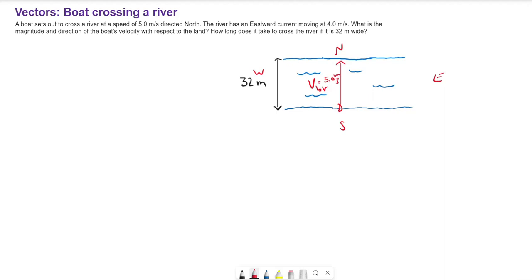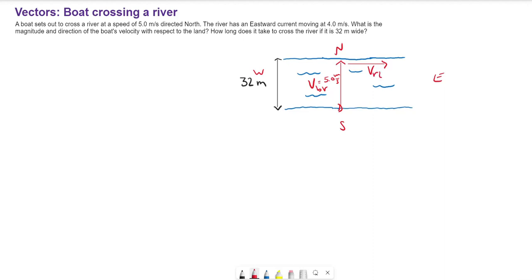And then the river itself is moving with respect to the land. So if you're on the land, it looks like the river is moving eastward. So we have an eastward vector with a magnitude of 4 meters per second. We'll call this the velocity of the river with respect to the land.